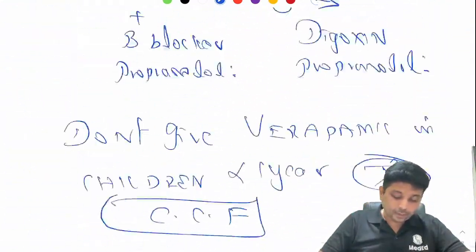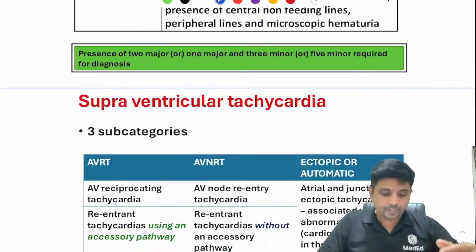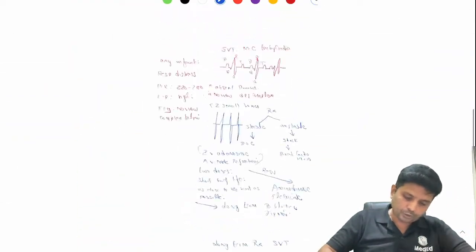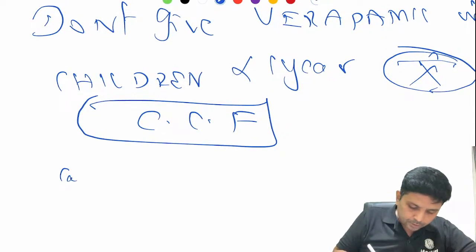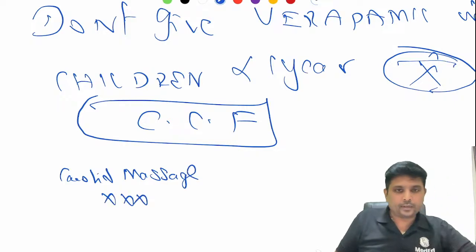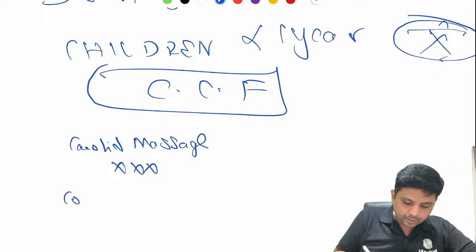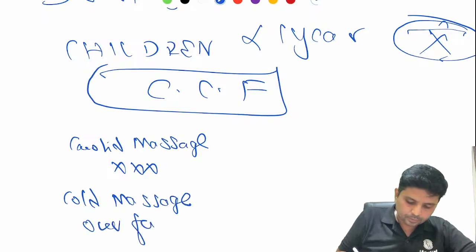Finally, one more thing that I left out in supraventricular tachycardia is in the treatment. I missed it, I'm sorry. We don't do carotid massage in pediatrics. The only thing that we do in pediatrics is cold massage over the face.